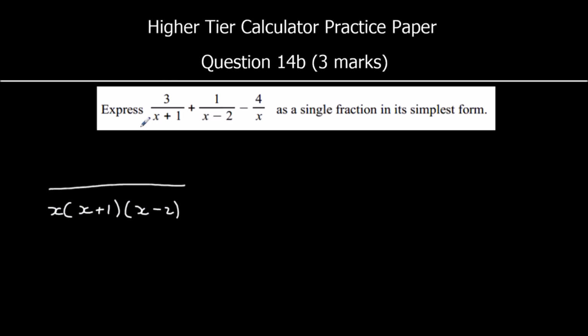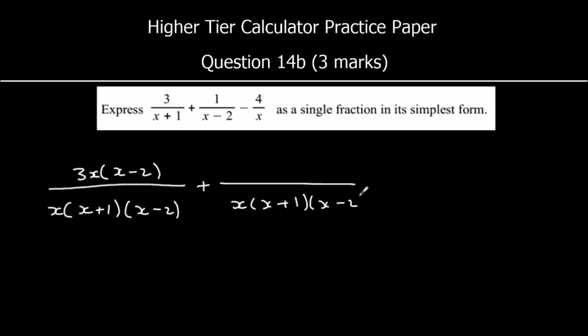For the first fraction, that means I'm timesing the bottom by x and x minus 2. So I have to times the top by x and x minus 2. For the second fraction, I'm timesing the bottom by x and x plus 1.